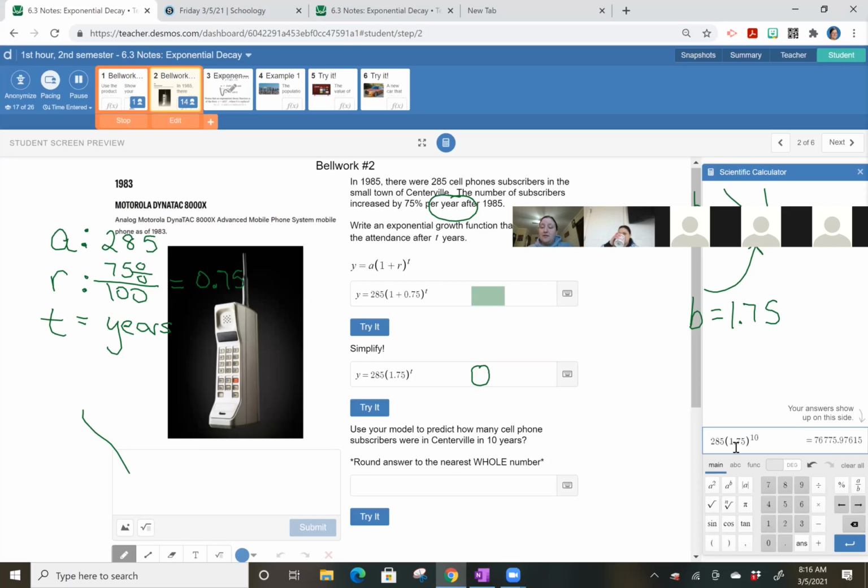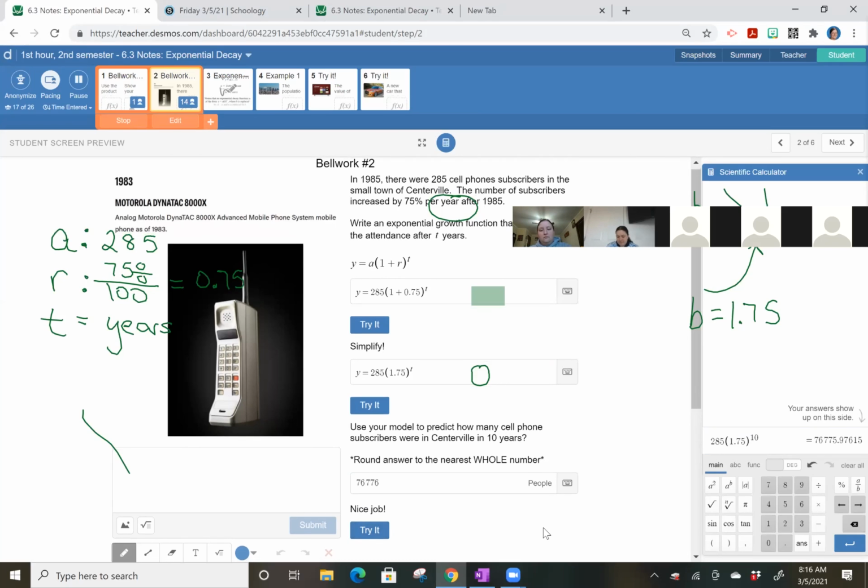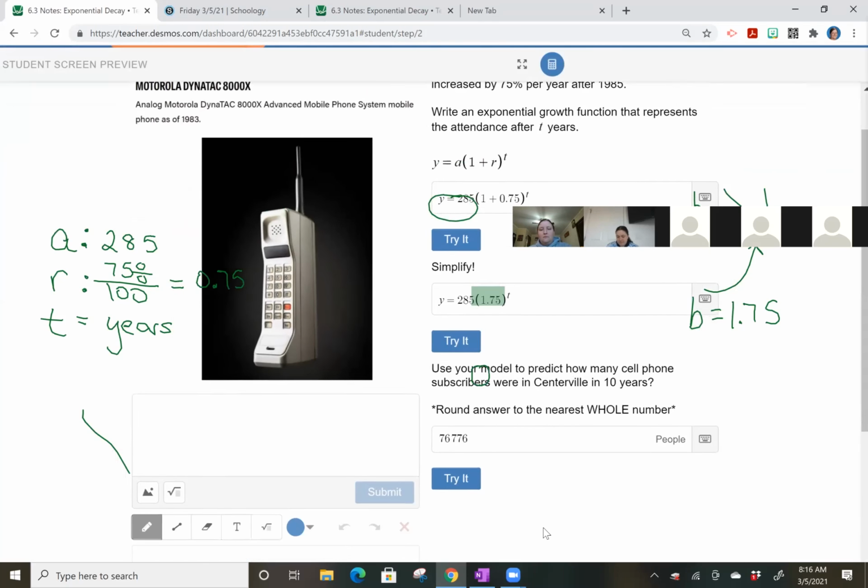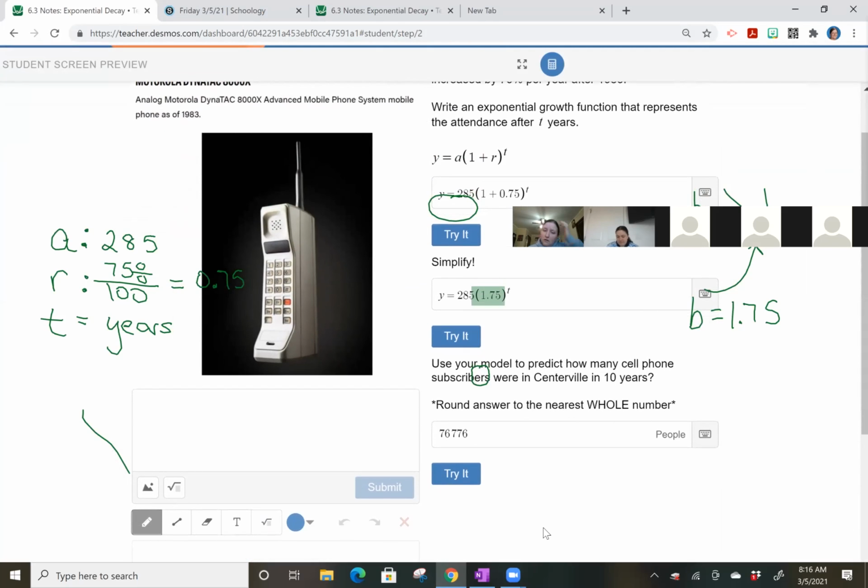So we're going to put that 10 in and then round the answer to the nearest whole number. So 7, 6, 7, 7, and then 6. All right, I'll keep my screen up for a second.